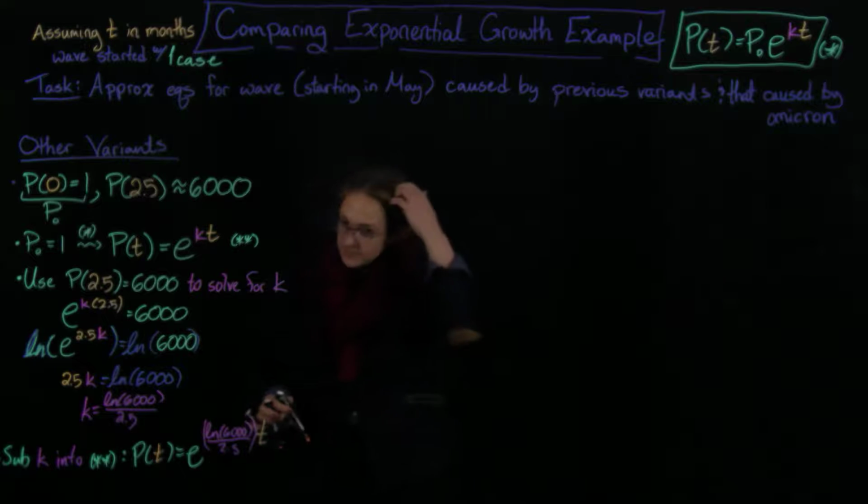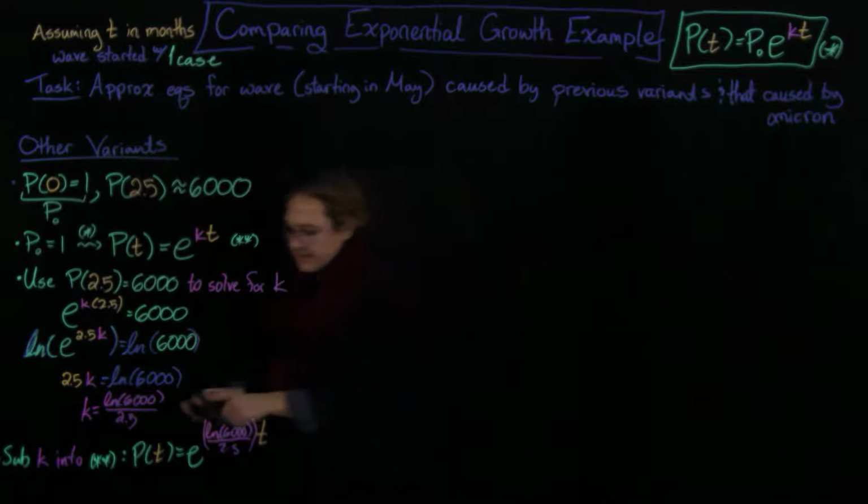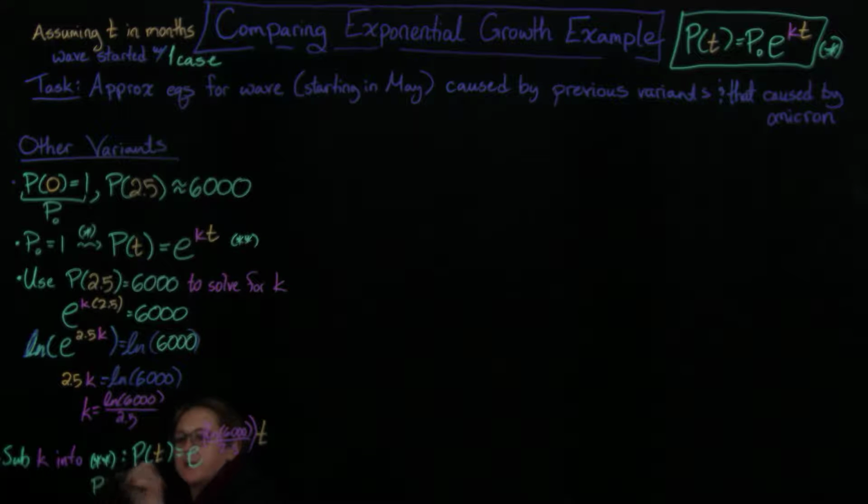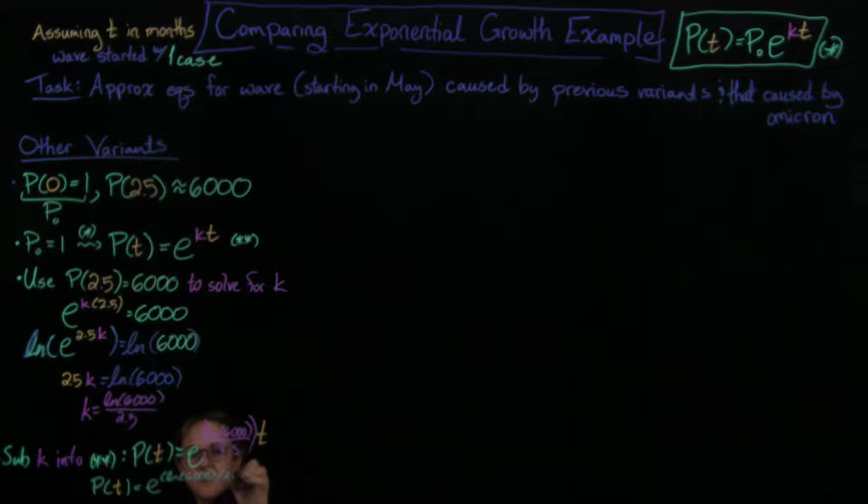So I have P of t equals e to that whole mess, the natural log of 6,000 divided by 2.5, and then this whole thing is going to go to the tth power.